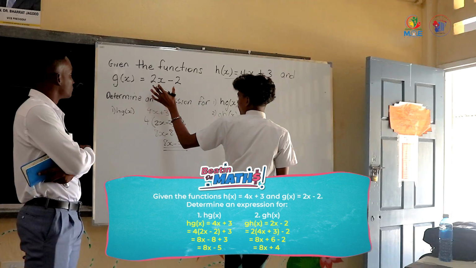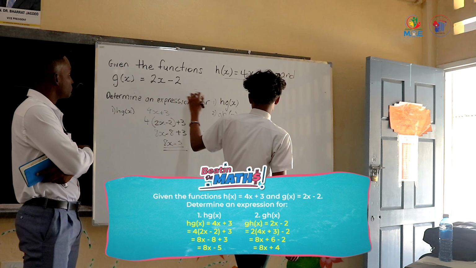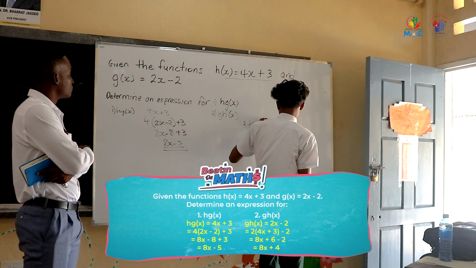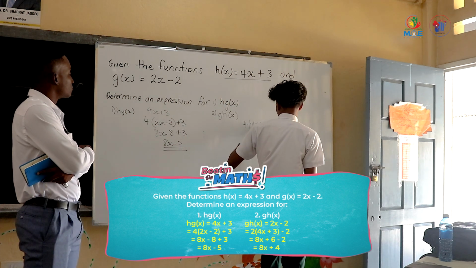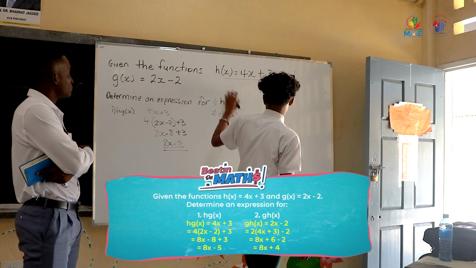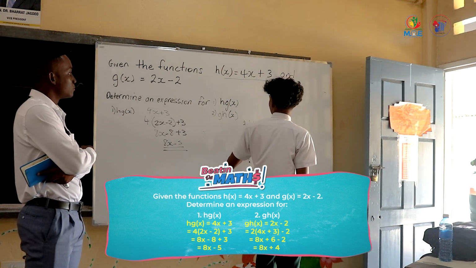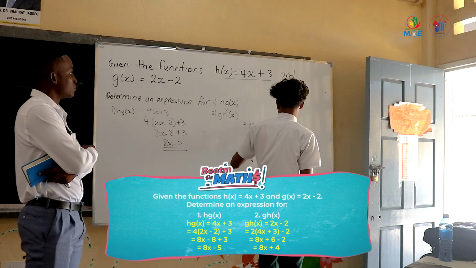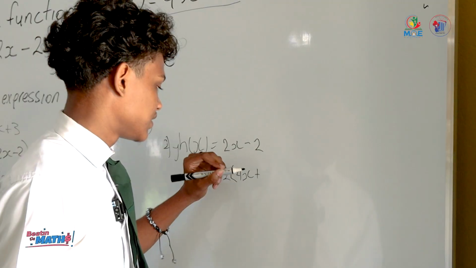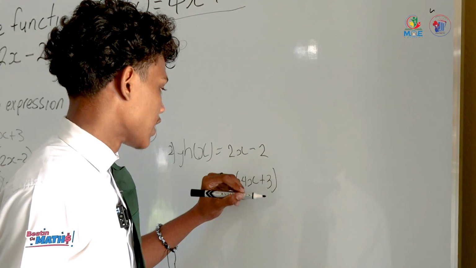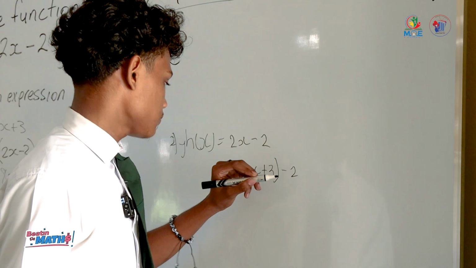So we have 2x minus 2, and then we put the h and replace it with x, which will be 2 open bracket 4x plus 3 close bracket, minus 2.